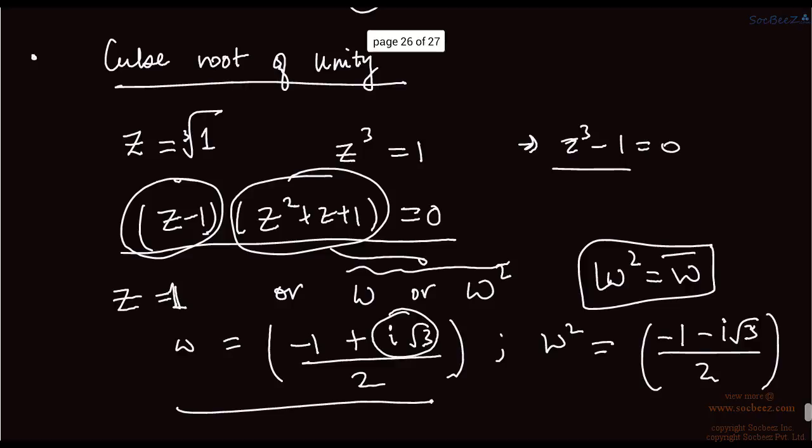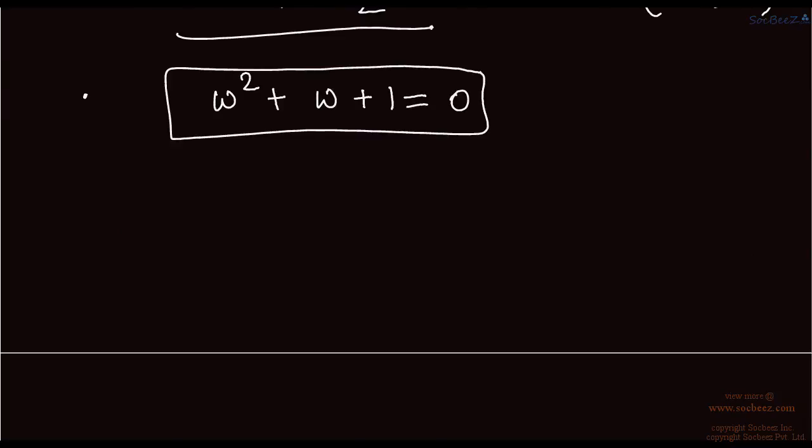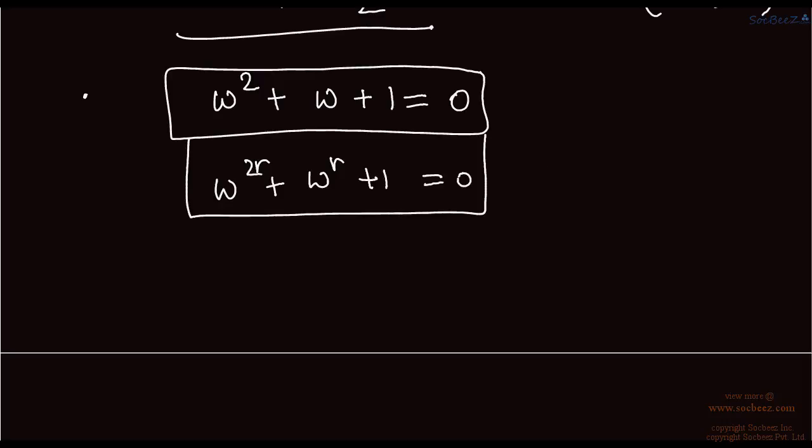So now the properties related to the cube root of unity. First property, omega square plus omega plus 1 is 0. This will be used, so keep it in mind. Then omega to the power 2r plus omega to the power r plus 1 is also 0. So keep this in mind.